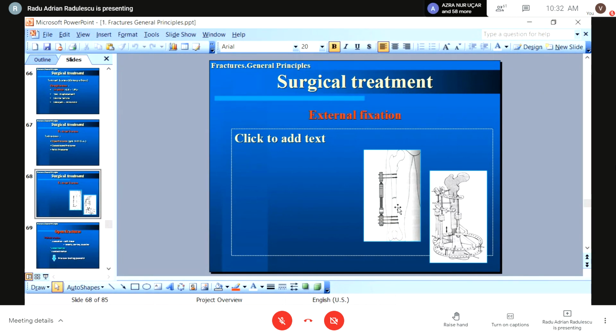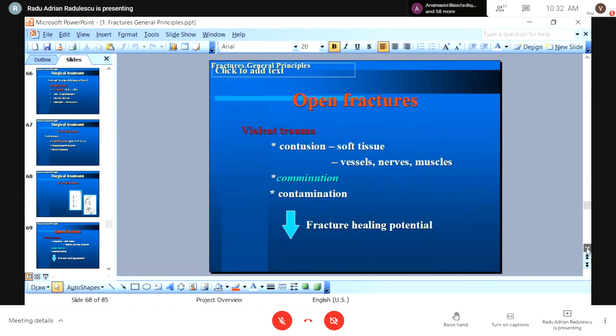No inert material is allowed at the level of the fracture site. So this is the principle of the external fixator. There can be different types of external fixators that are less important, but the principle has to be respected: no material at the level of the fracture site.